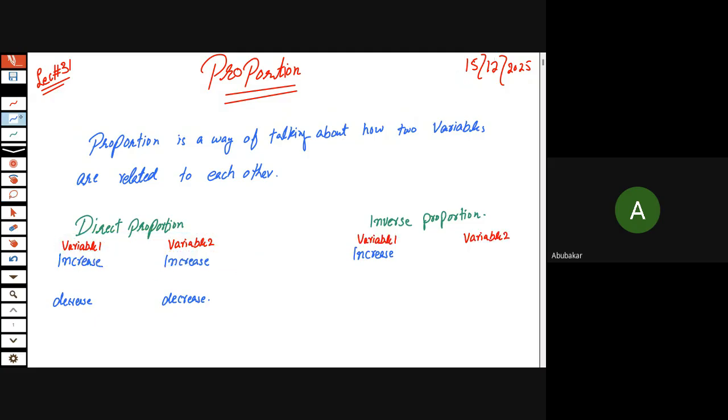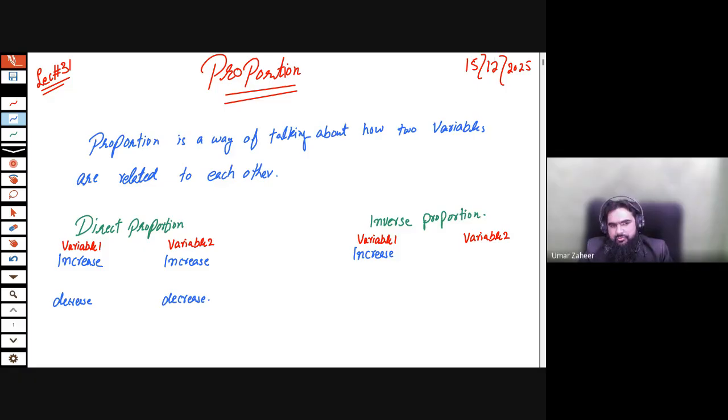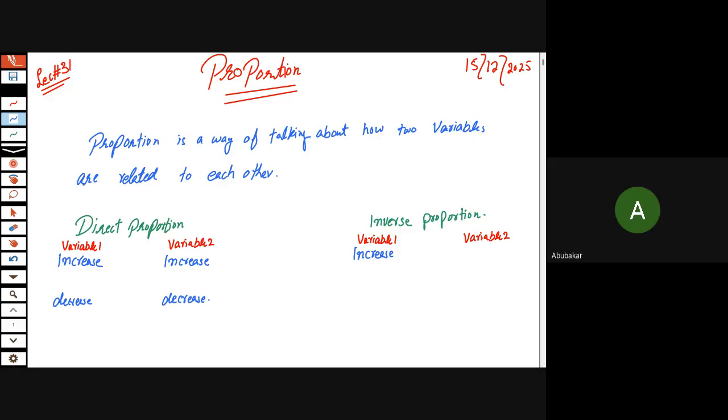Yes, okay. So with direct proportion, if the ratio is 1:2, and you multiply by two, it would become 4:2, right? Both sides would be multiplied by two.